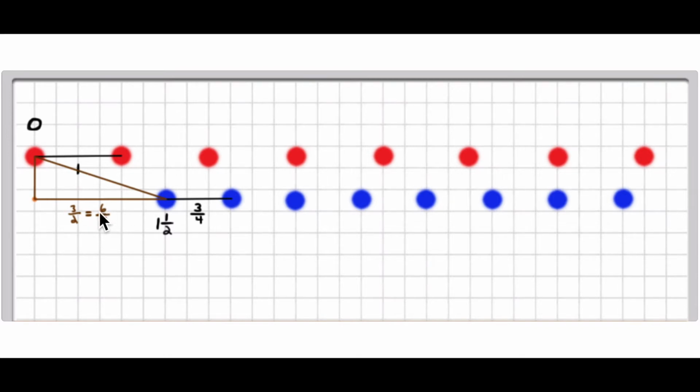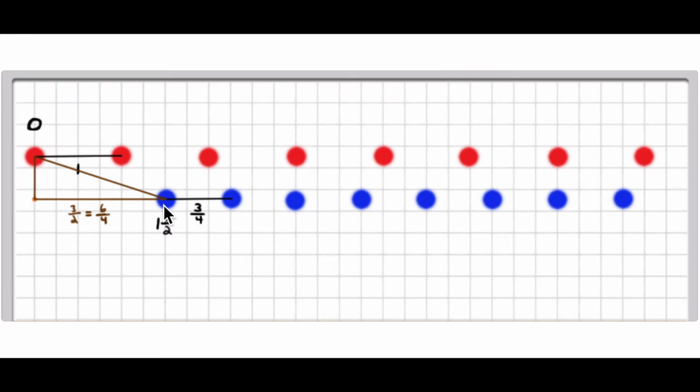And I want to use fourths because this movement right here is 3/4, and that's the slope, by the way. This changes 1 mile every minute. That's a slope of 1 mile a minute. This changes 3/4 of a mile every minute, so this is a slope of 3/4, or 3/4 miles per 1 minute.